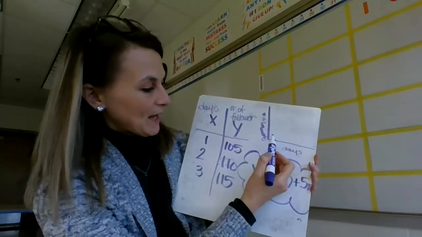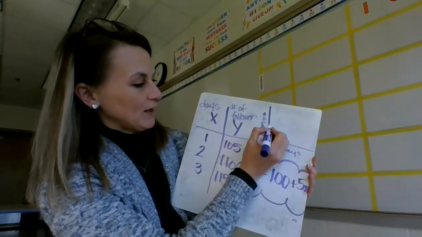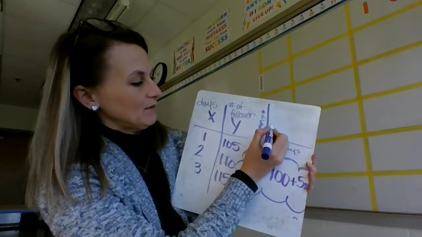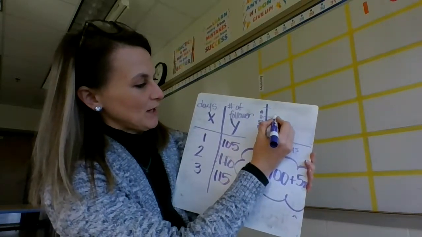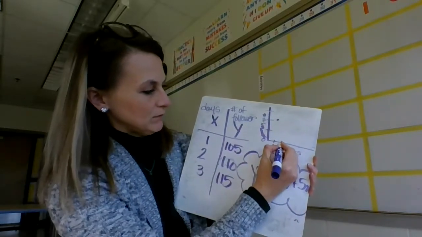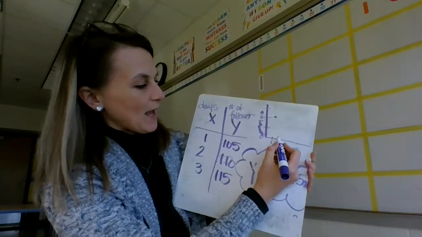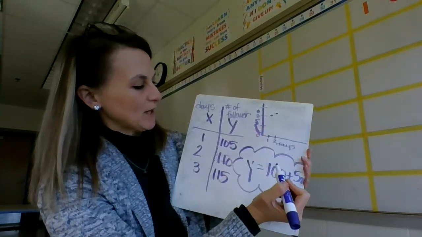So after 1 day, we would go up to 105. I'm going to go up in increments of 50: 50, 100, 150. So she'd be right about here after day 1. Now after day 2, we'd go over 2 days, and we would go up to 110. So she'd be just a little bit higher.